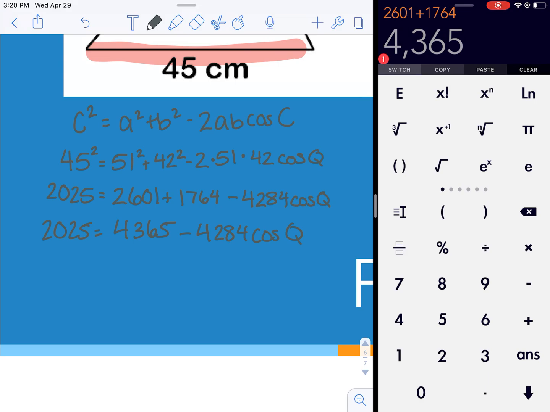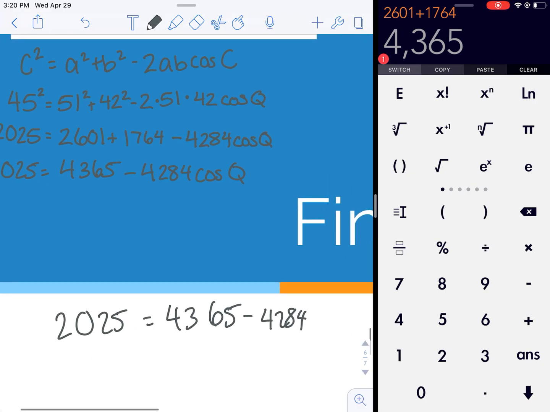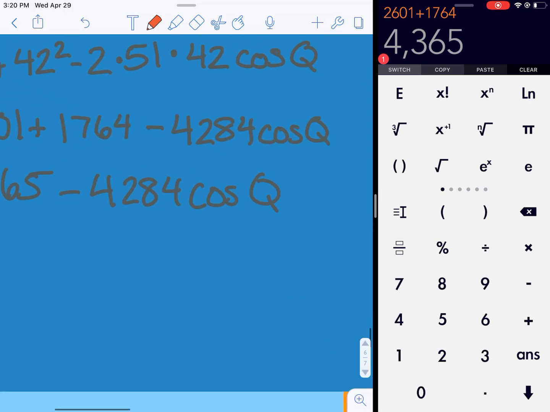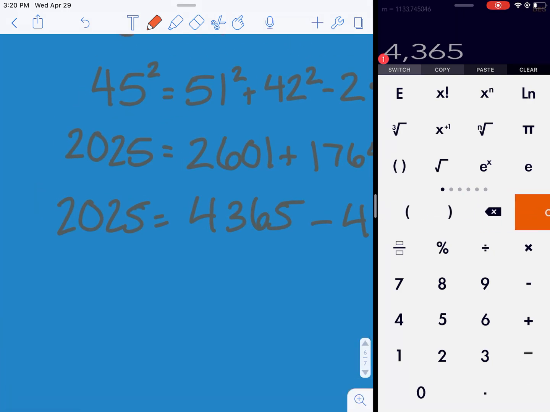If I were solving this with just normal algebra and I had 2,025 equals 4,365 minus 4,284x, most of you would know, hey, I need to subtract this from both sides. The same thing happens when I have cosine of Q for my variable. Okay, I'm still treating it like a variable because it is one.